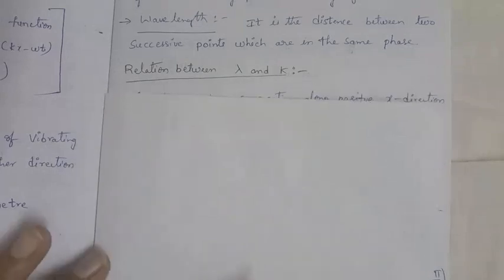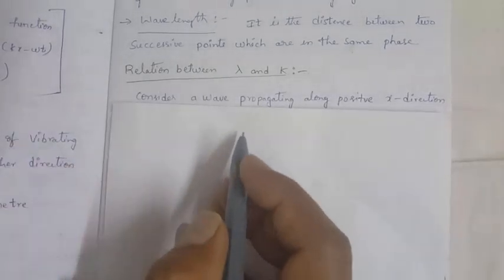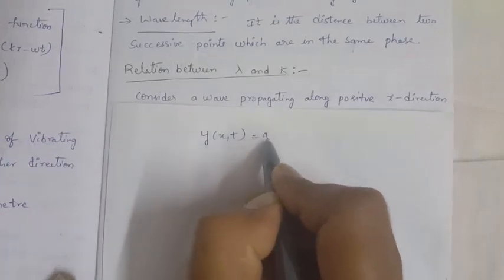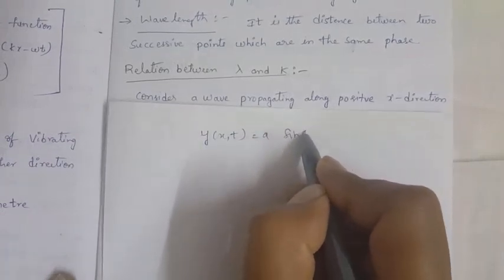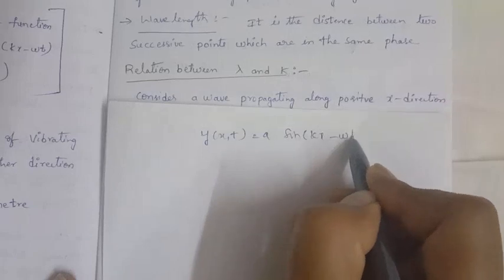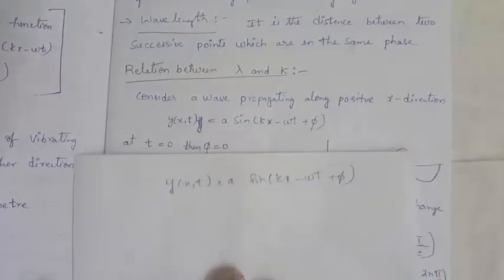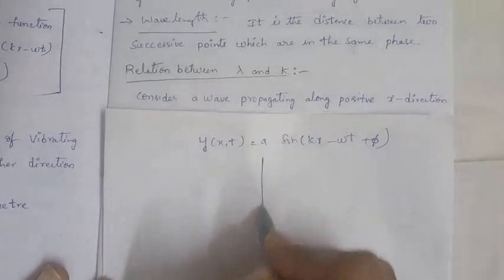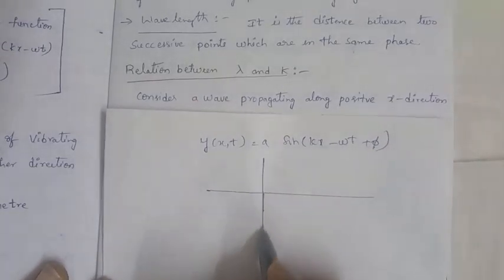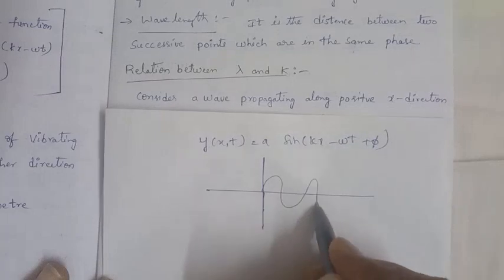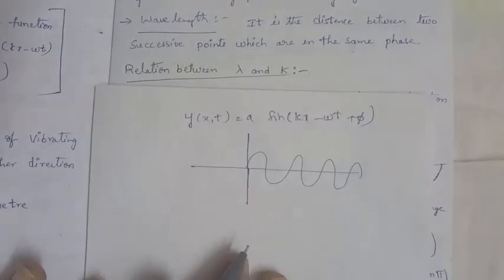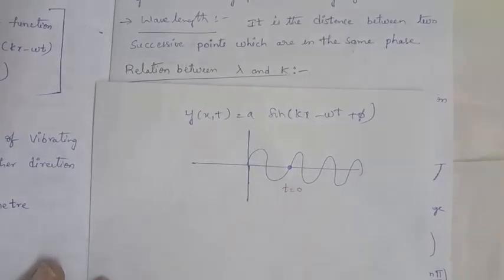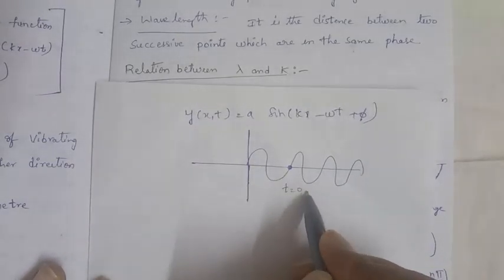First of all, remember carefully, y of x comma t is A sin(kx minus omega t plus phi). First, if it is a wave, at this point I will take t equal to 0 and phi is equal to 0.